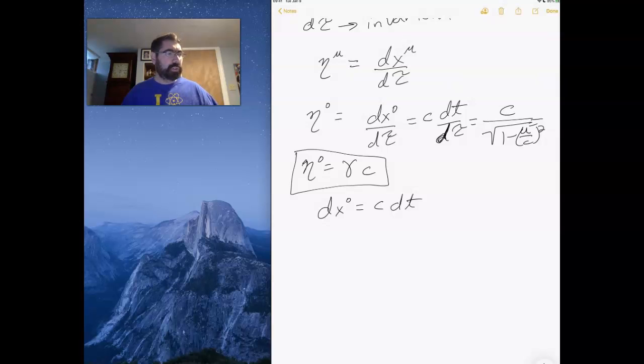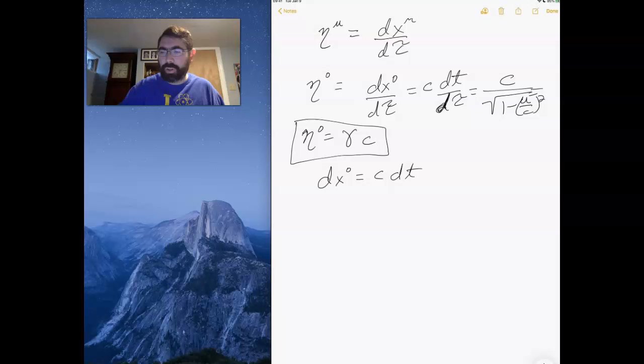Okay, so what I could do now is apply the Lorentz transformation to the different terms. So what I would have is basically the proper velocity measured in different frames.